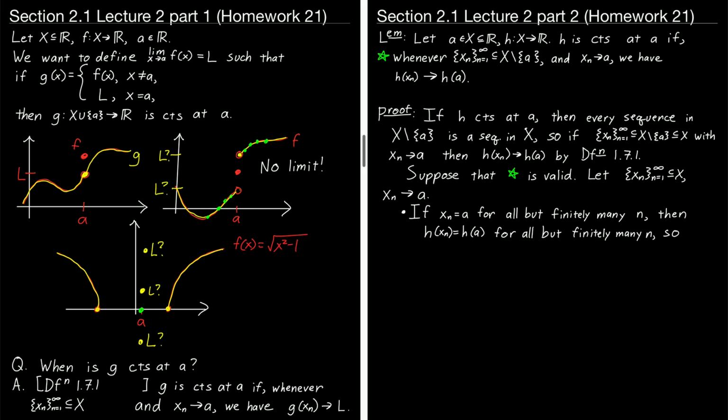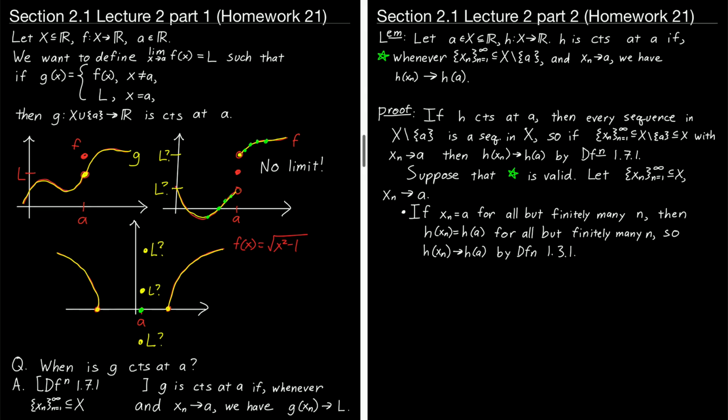So in this case, h of xn is converging to h of A, and that's even by our definition 1.3.1. You don't even need to go through proposition 1.3.3a. You don't need the epsilon N definition. You can just work with the interval definition.